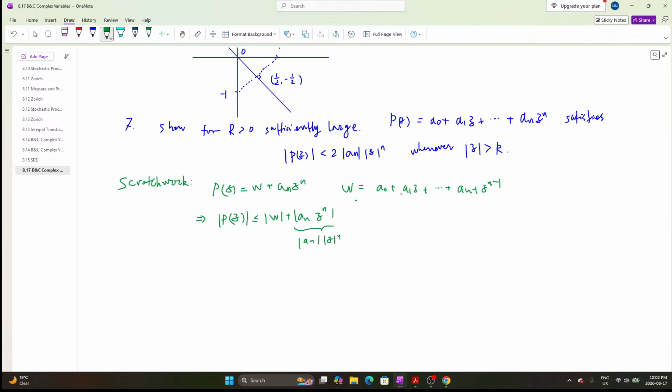So what we need is this: we need this w to be less than the same thing, an absolute value times z absolute value to the n as well. So this is what we need. Let's work backwards and think about what our need implies.